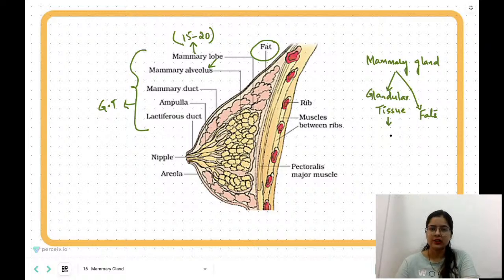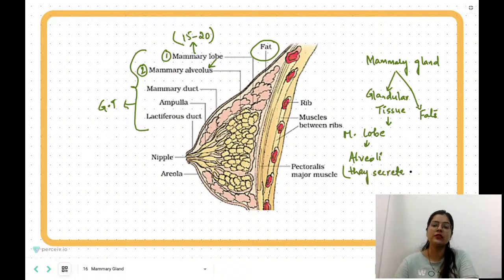So first comes the mammary lobe, then comes the alveoli. Now, mammary alveoli are important because they secrete milk. They are the component that secretes milk only. These are the cells where the milk is being secreted.